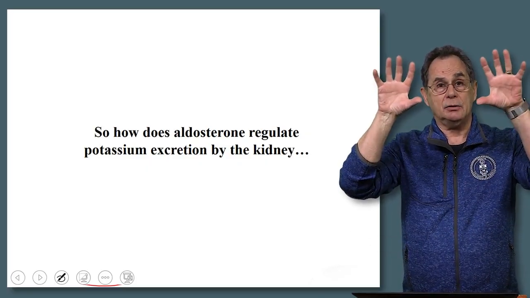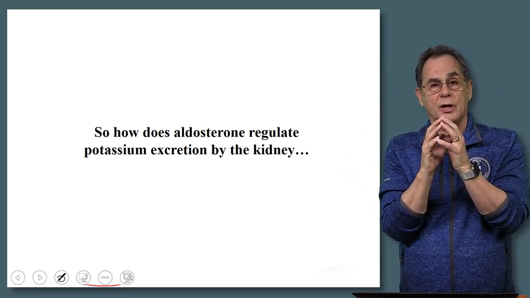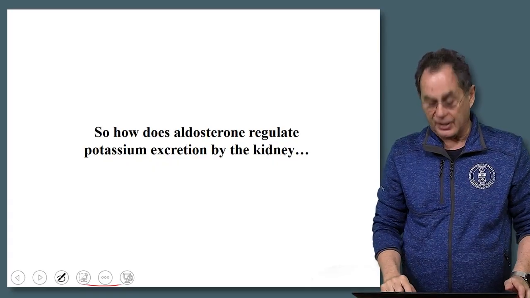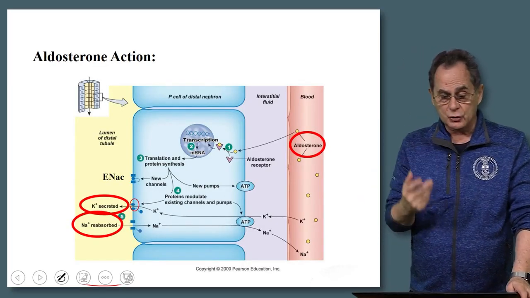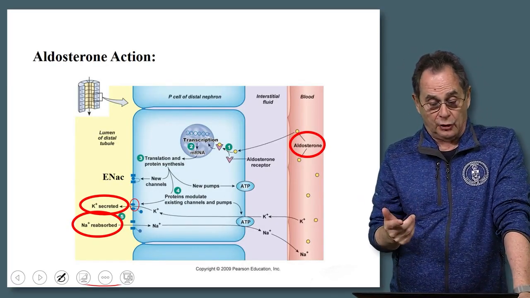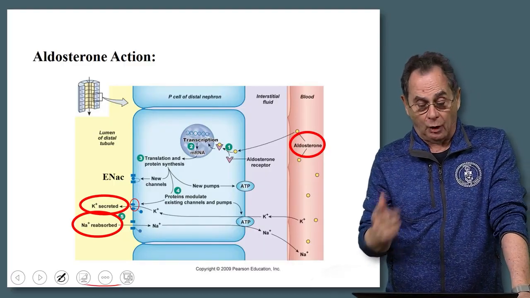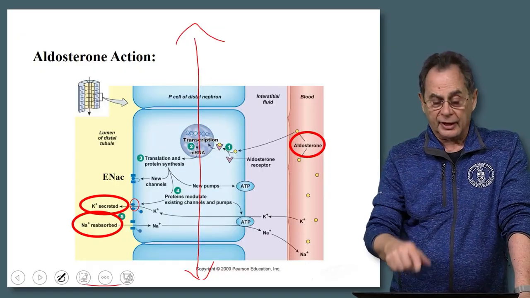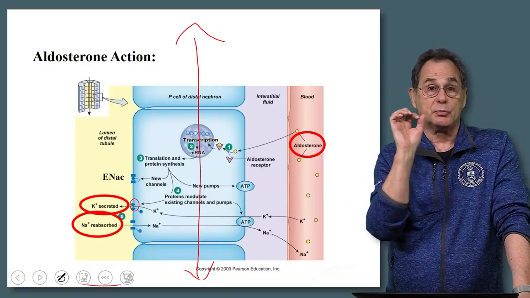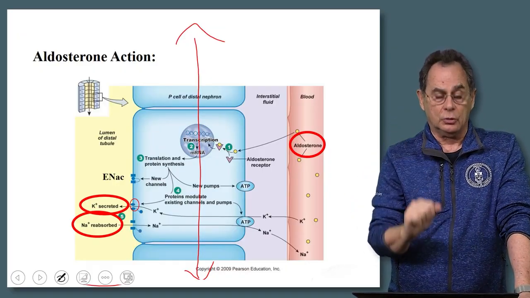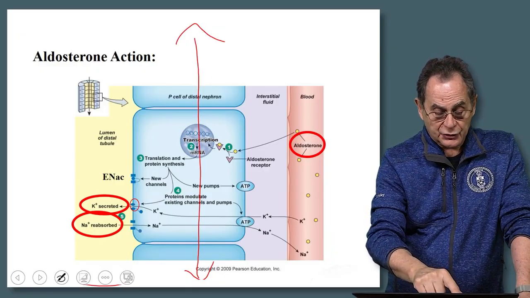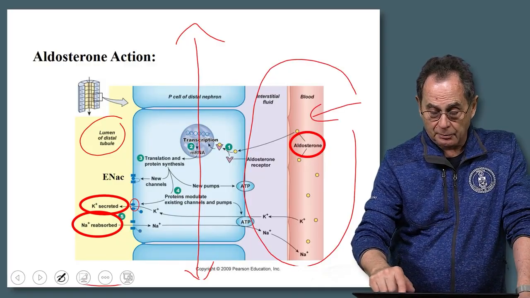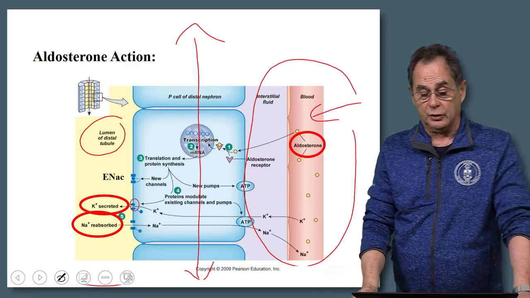If high potassium drives aldosterone, then how does high aldosterone drive passive potassium secretion? And to do so, we're going to look at this cartoon here. Now, here are our cells in the cortical collecting duct. We're really going to be thinking of them as principal cells. And this is our lumen, and this is our peritubular space with the blood compartment and the interstitial fluid compartment.